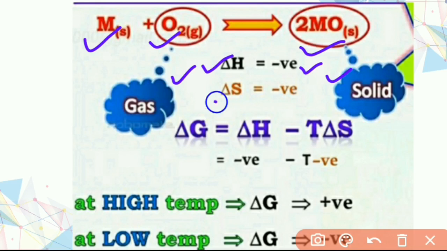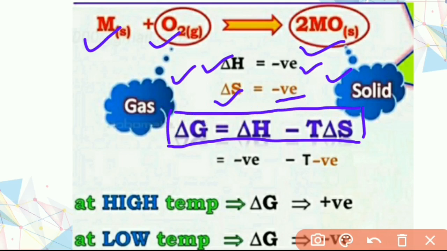Therefore ΔS, the change in entropy, is also negative. Put the values of ΔH and ΔS in the equation for Gibbs energy: ΔH negative and ΔS negative, and then we get a negative value of ΔG.